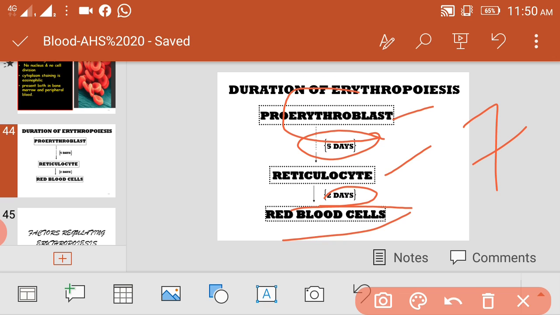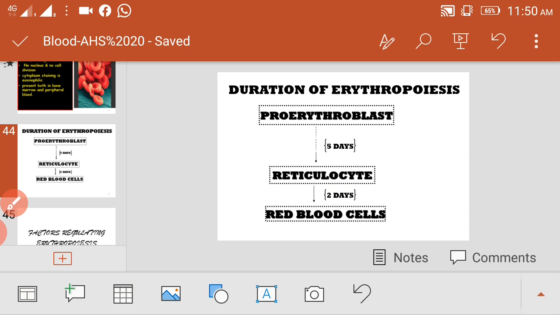From the proerythroblast, there are the early normoblast, intermediate and late normoblast, then it becomes a reticulocyte. It takes 5 days for the cells to cross these. Then from the reticulocyte to become a mature RBC, it takes 2 days. So this is total erythropoiesis for one cell.